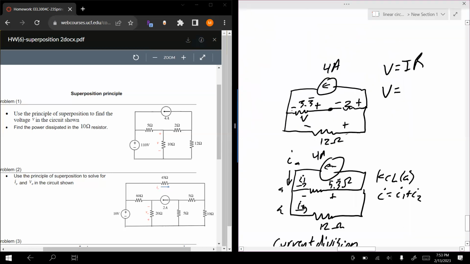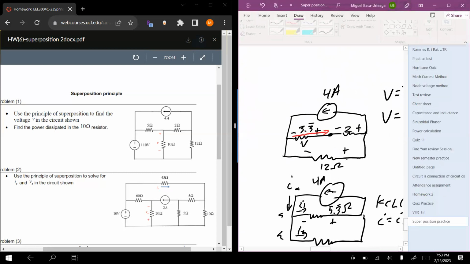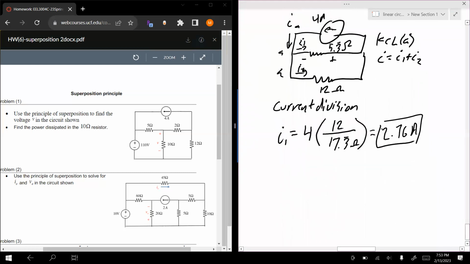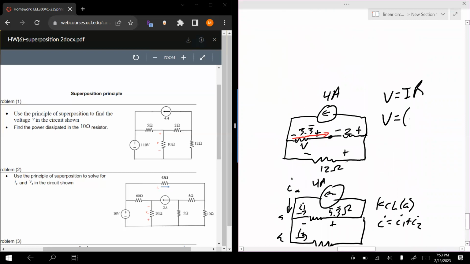Let's look at our signs here, negative, positive. Our current is flowing in this direction, meaning that in this context, it doesn't agree with the passive sign convention. So what we're going to have is the current. So our current is, no, shoot, what was it? 2.76, 2.76.